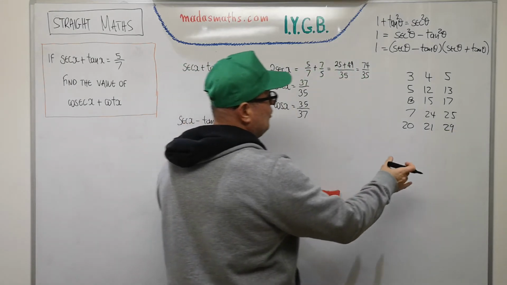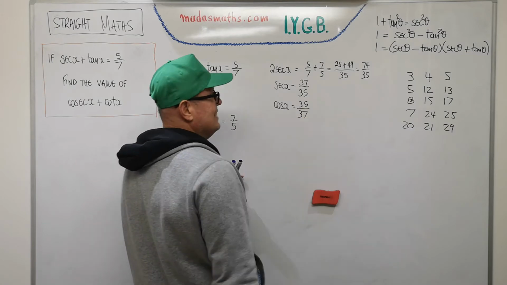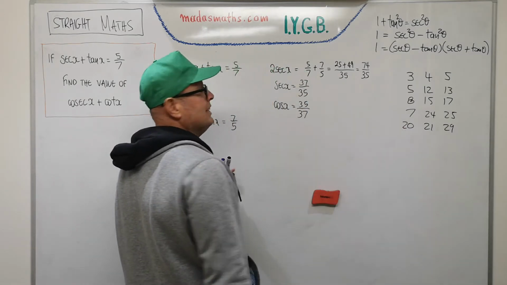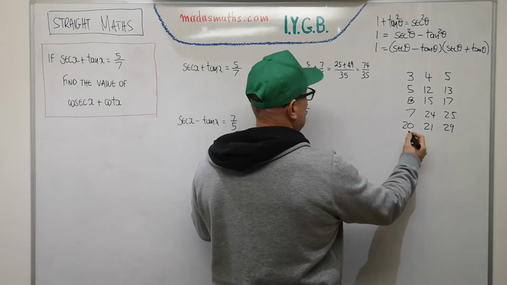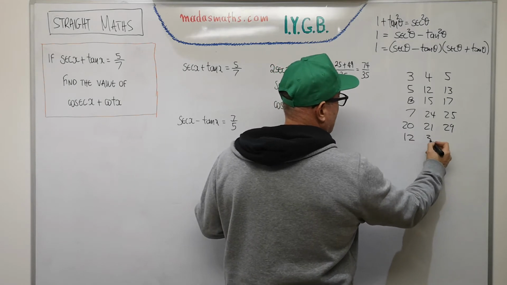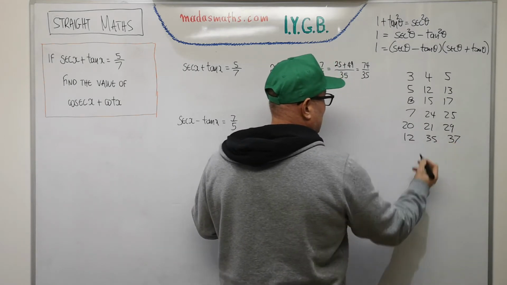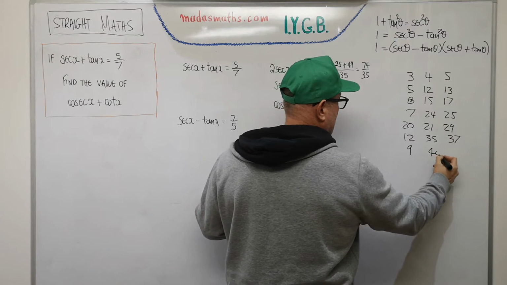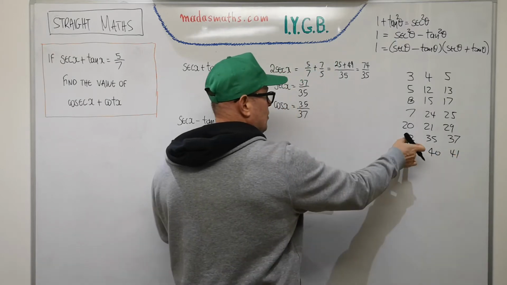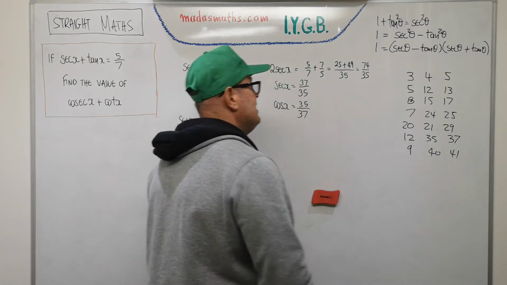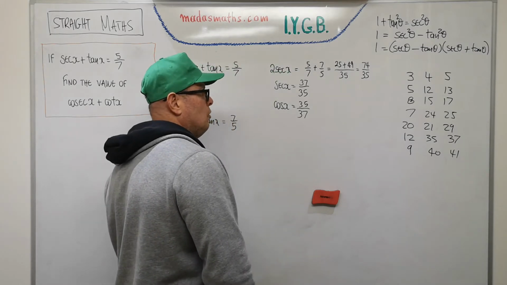Then we have to go down, but this is where this is coming from, and that's why I said when I saw the 37 and the 35, very beautiful numbers, it is the 12, 35, 37, and I think 9, 40, 41 is another one, although this goes smaller. These are Pythagorean triples. I used to know maybe another couple.